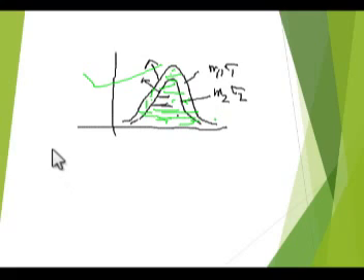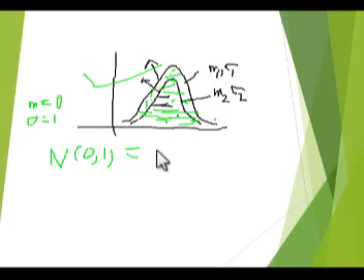I also want to provide a famous one. This is m equal to 0 and sigma equal to 1. Then the normal distribution is in this form: 1 by root 2 pi, and all the other data will vanish automatically.